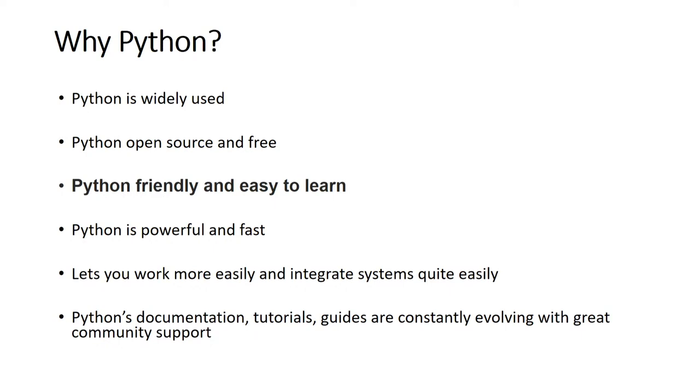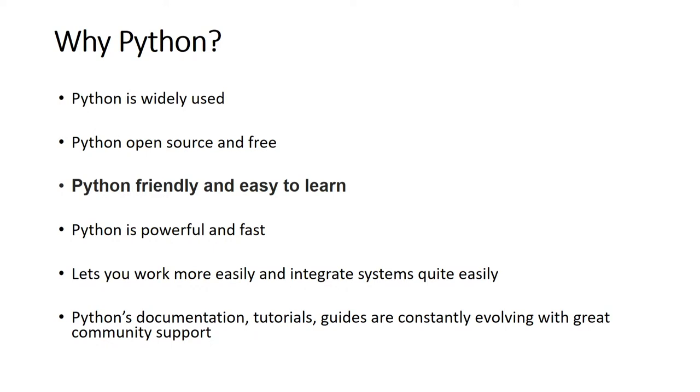Then the second reason is Python is open source and free. You need not pay anything for using Python. It is open source, and even if you want to make some changes to Python, you can change it, you can freely use it, you need not pay anything. Then the most compelling reason for using Python, what I feel, is that Python is friendly and easy to learn.